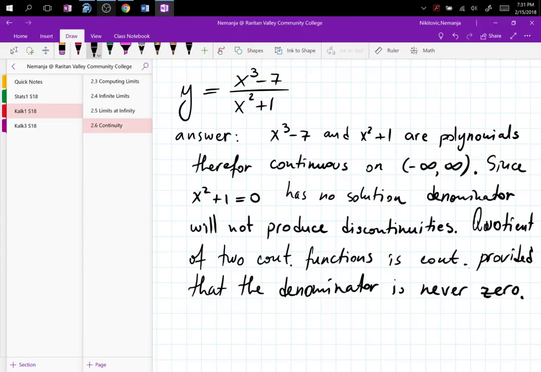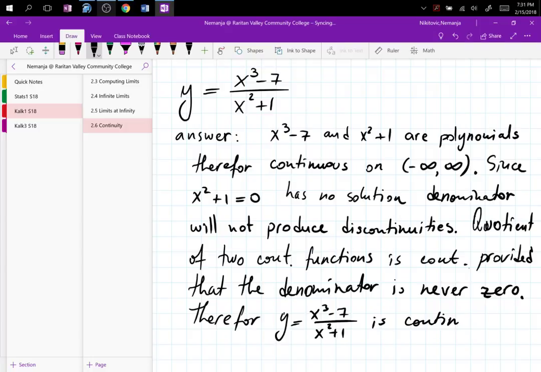In our case, the denominator cannot be 0. Therefore, y equals x cubed minus 7 over x squared plus 1 is continuous, globally continuous, whatever.